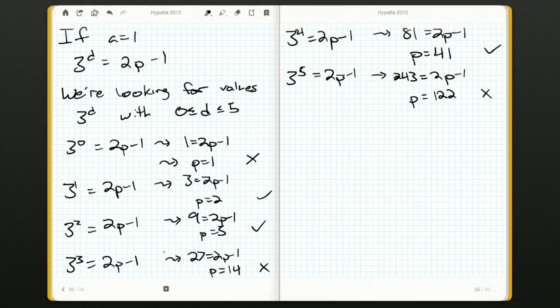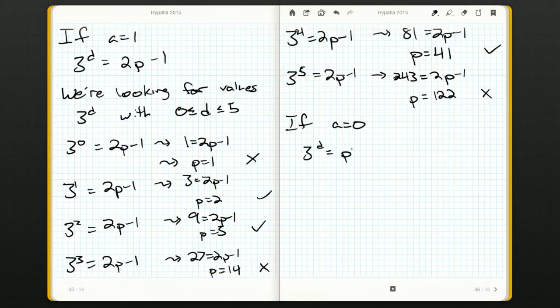So now, if A is equal to 1, we have all these primes that give us powers of 3. If A is equal to 0, 3 to the D is just equal to P by itself. Actually, that doesn't make any sense, because that would be P of 1, and we're not defining that.